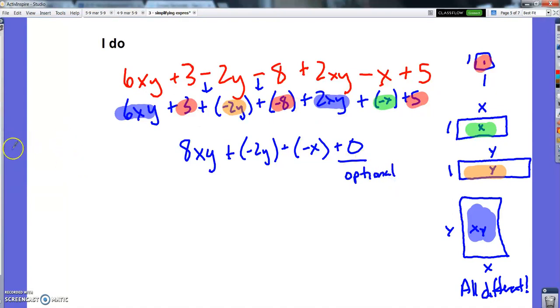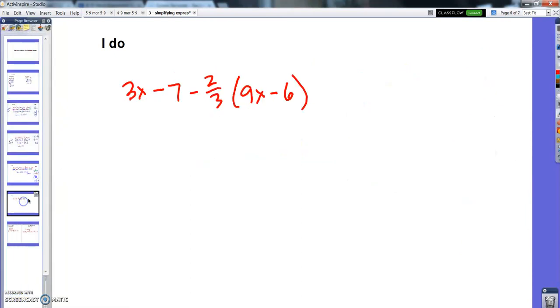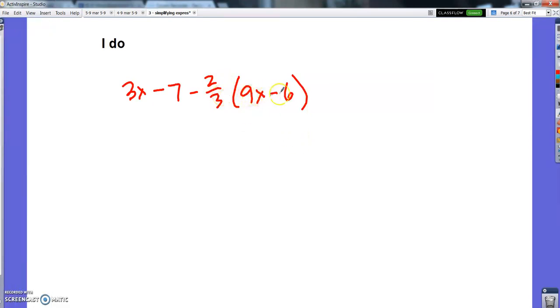Okay, one more. Let's do this one. 3x minus 7 minus 2/3 times 9x minus 6. So here we've got a distributive property with a fraction, and I don't want that to scare you too badly. So first things first, add the opposite: plus negative 7 plus negative 2/3 times 9x plus negative 6.